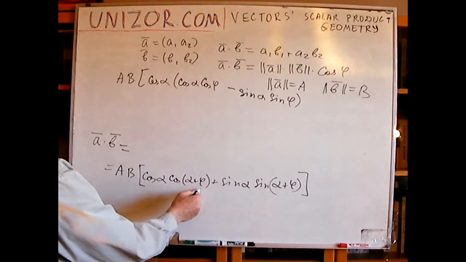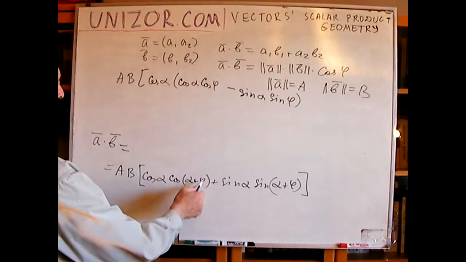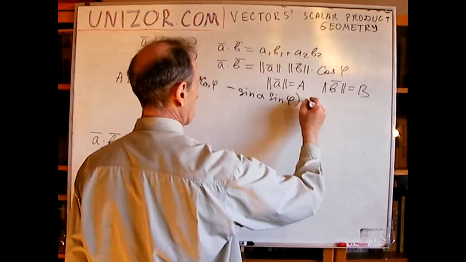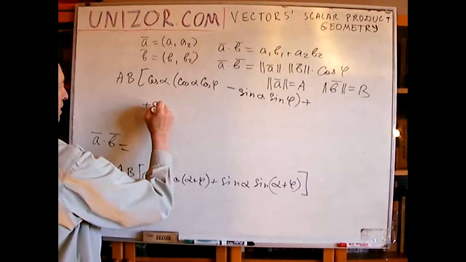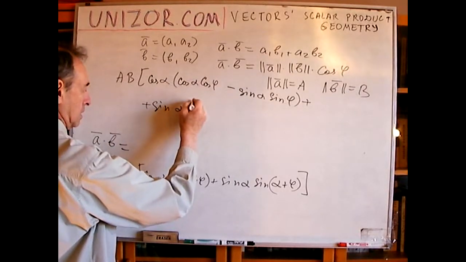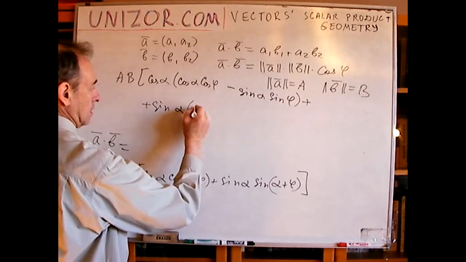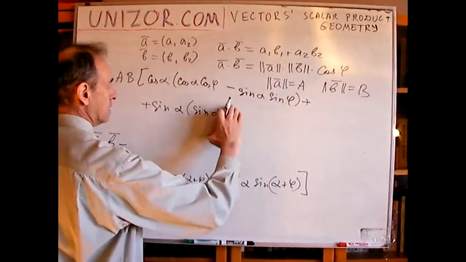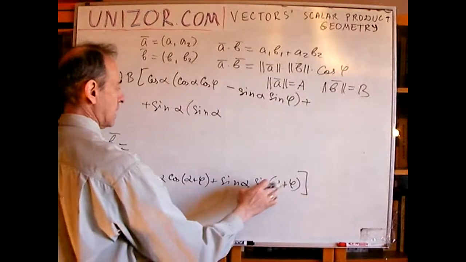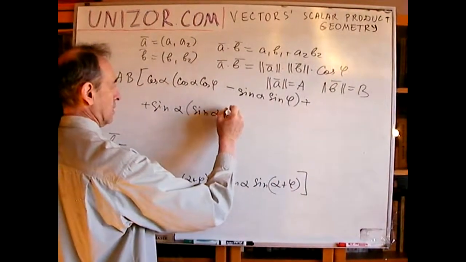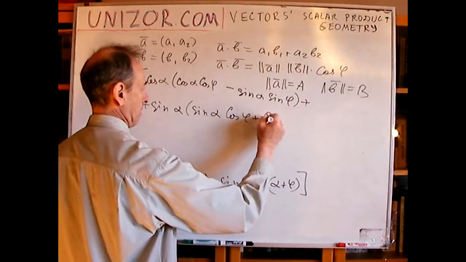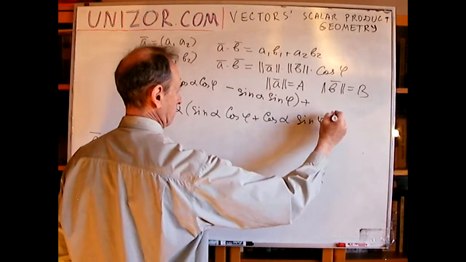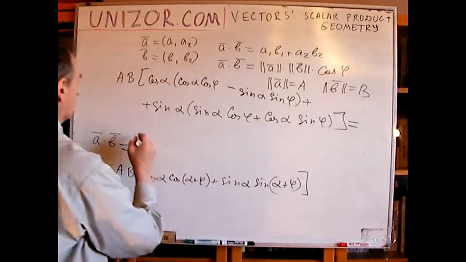So that's the cosine of alpha plus phi: cosine cosine minus sine sine. Now, plus sine alpha cosine phi, right? That's the formula. Sine cosine plus cosine sine. Equals.